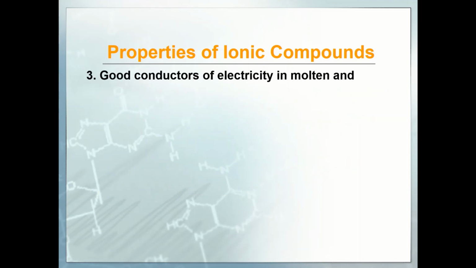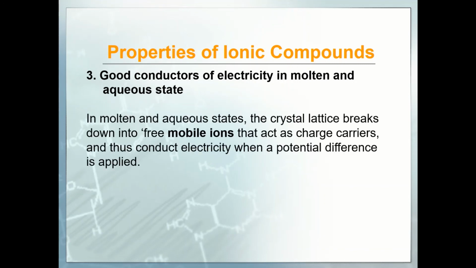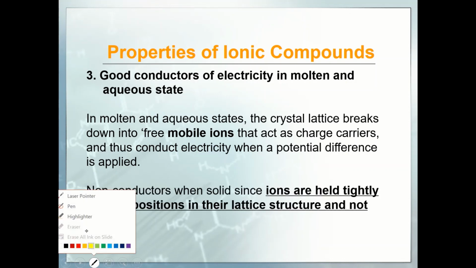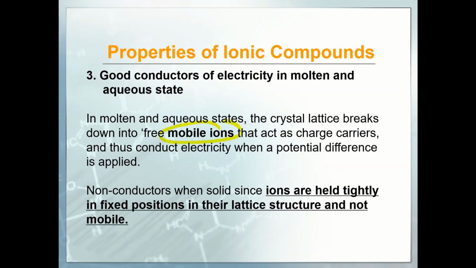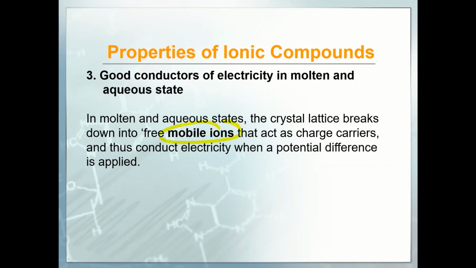Now the next property is that ionic compounds are good conductors of electricity in molten and aqueous state, because in molten and aqueous state, your ionic lattice will break down to give you mobile ions. These mobile ions, because they are charged, can act as charge carriers when a potential difference is applied.